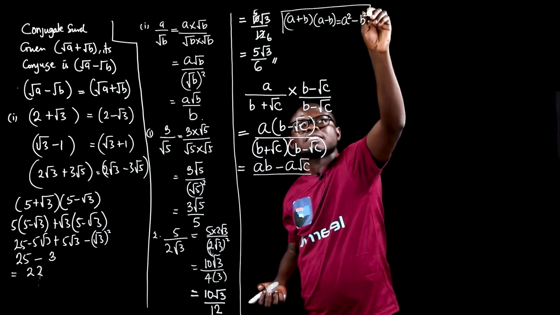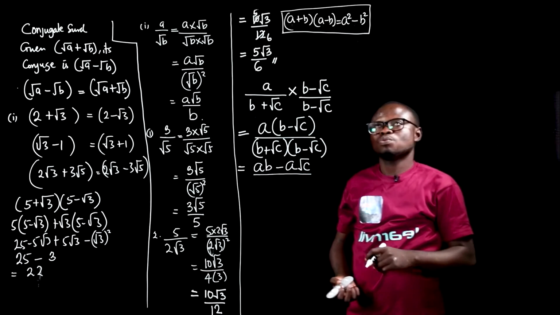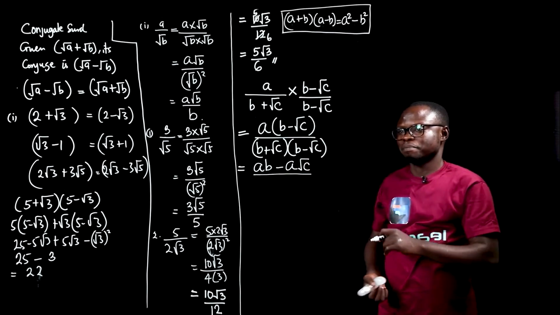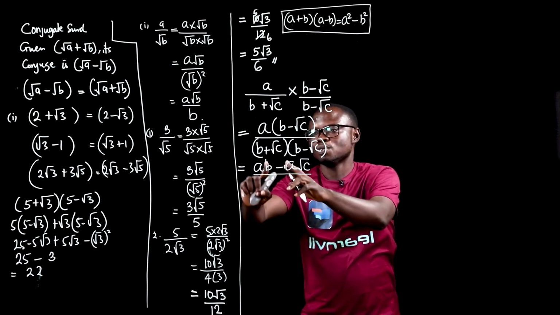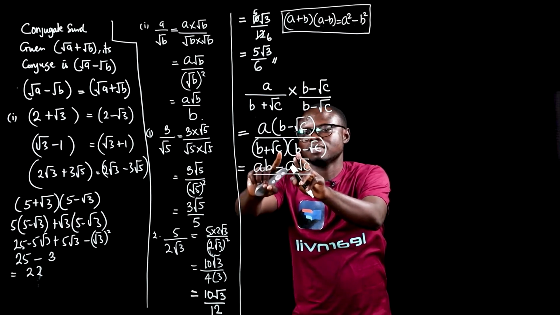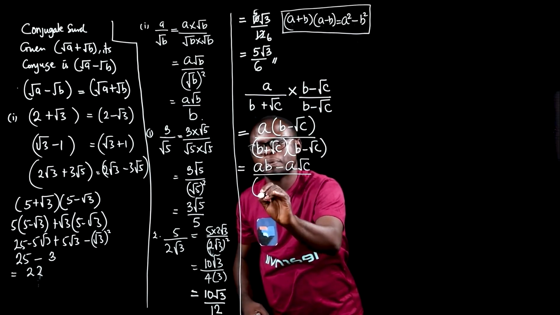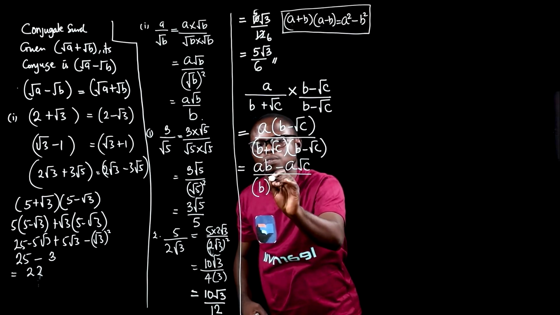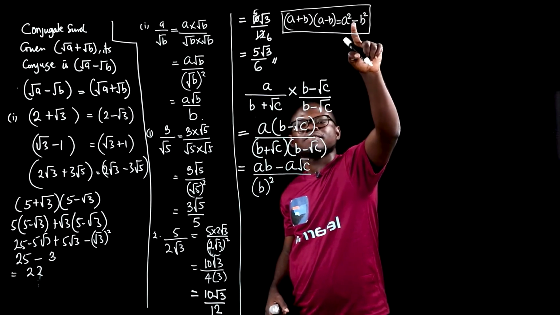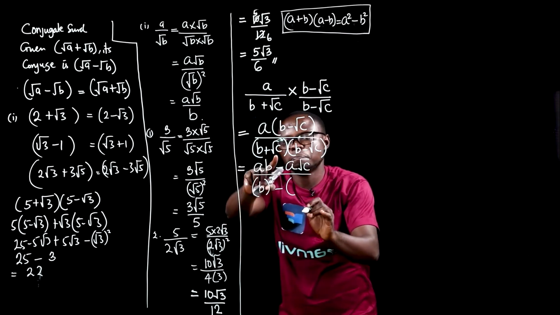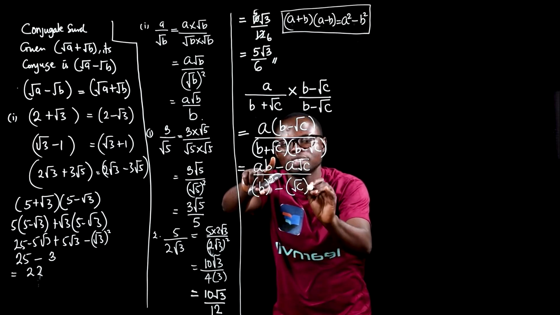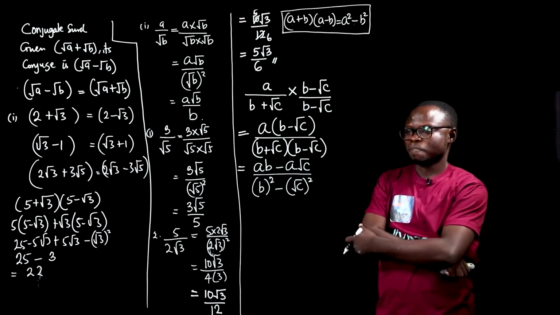So we can apply that to quickly multiply the denominator. So first, second. It says pick the first one, b, square it, minus pick the second one, root c, square it. That's beautiful.